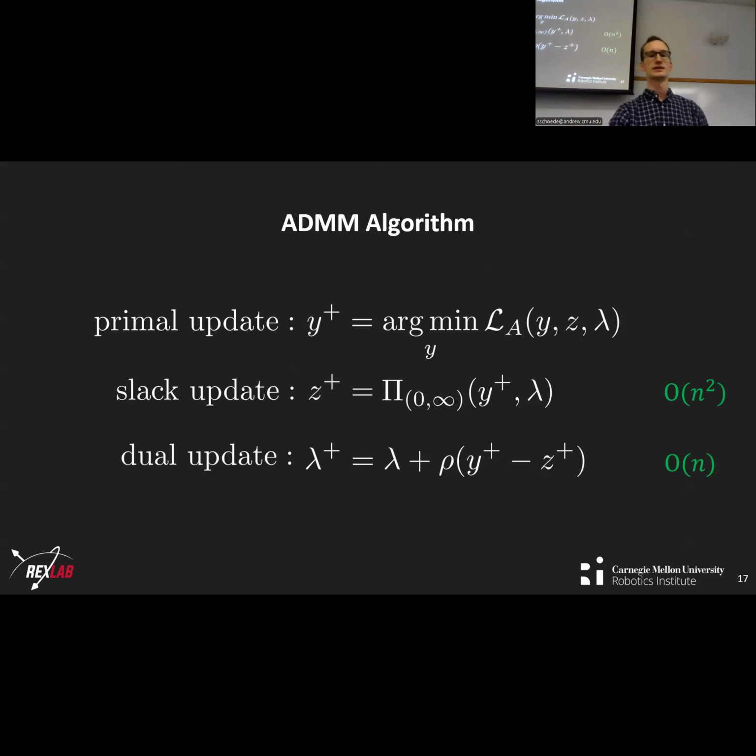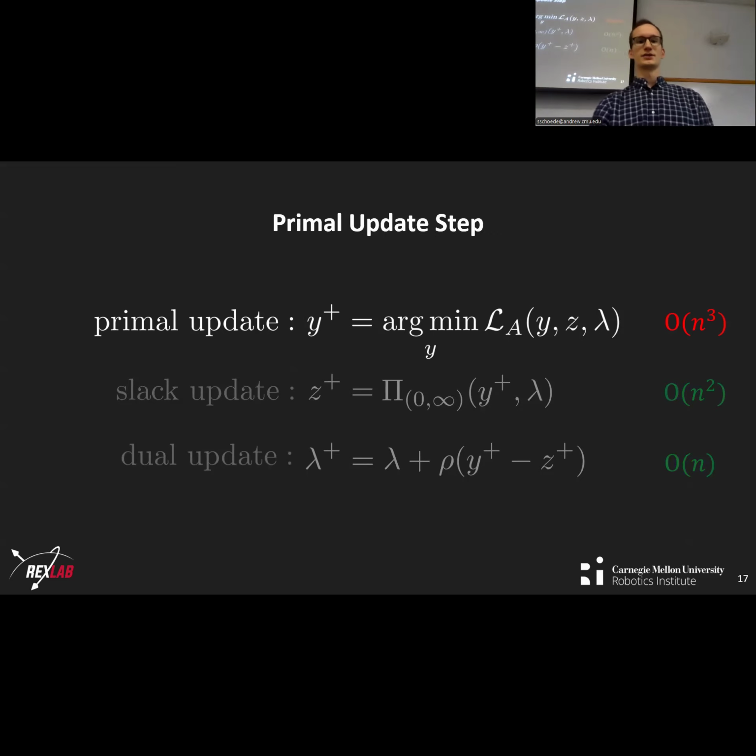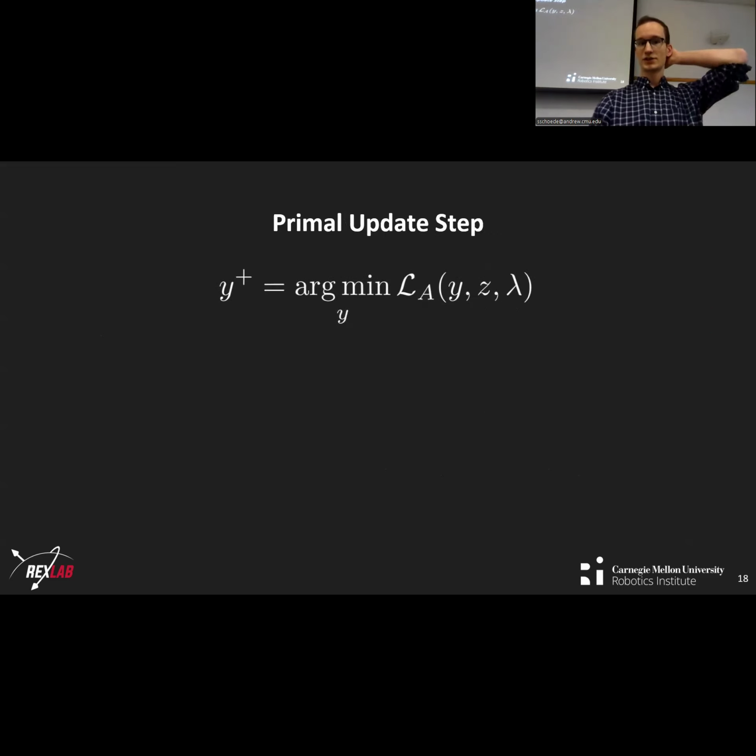And the primal update is O of n cubed because it is the solution to a system of linear equations. It involves a matrix inverse, and a lot of time must be spent in this step. So this is the bottleneck for our system, and we would like to minimize that bottleneck as much as possible. So let's take a look at the primal update a little bit closer, and see what we can do.